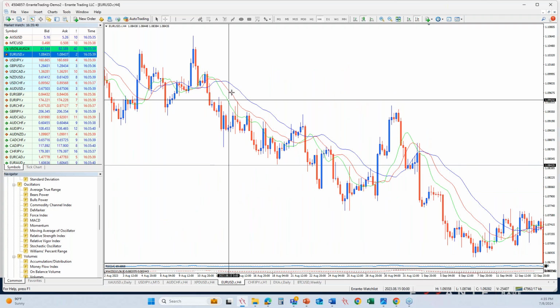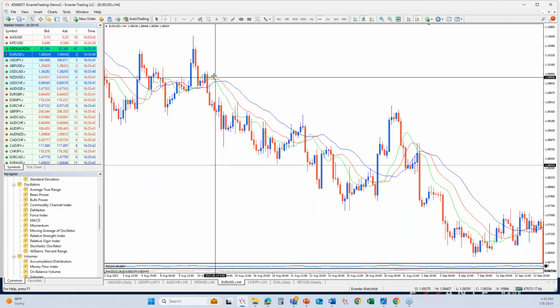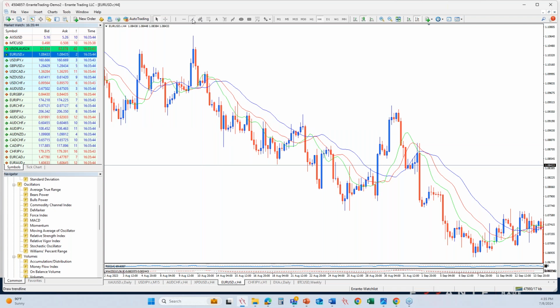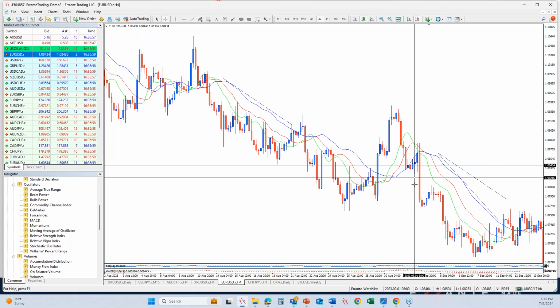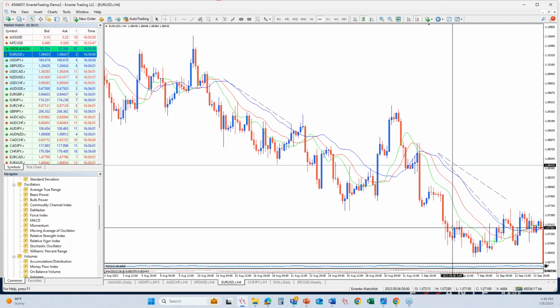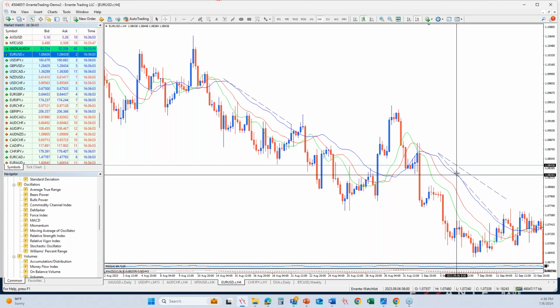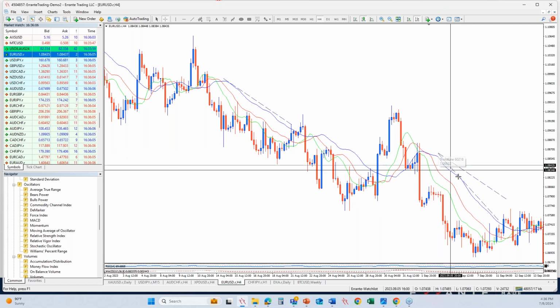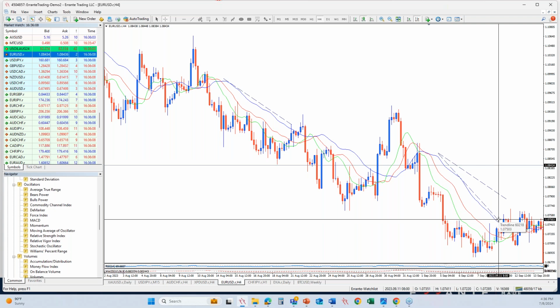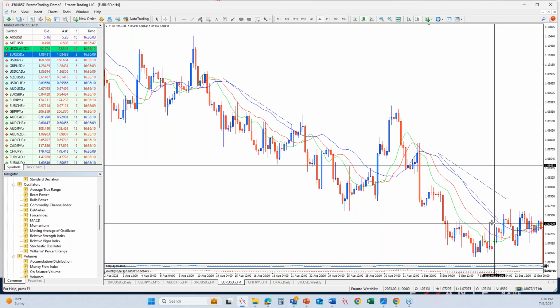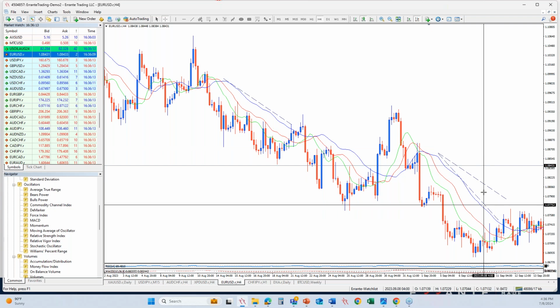For example, when we are in this very mild downtrend, we have this slope, and if we want to compare it, I just bring it to this, and here during this stronger downtrend, we have the steeper downtrend line here, or these steeper moving averages.